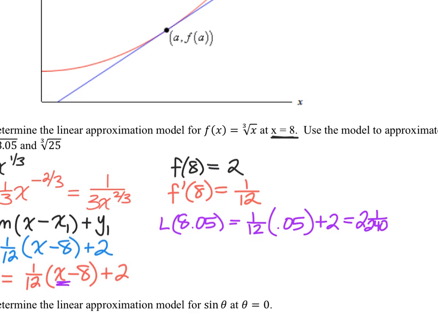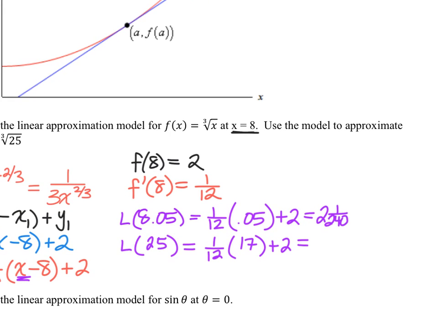Now, if I do the same thing with 25, it's not even going to be close. So 1/12 times 17, plus 2. Is that 3 and 5/12? 17/12 is 1 and 5/12, right?